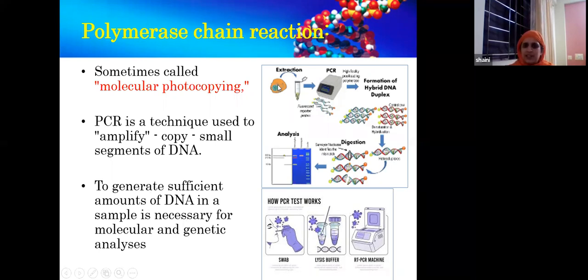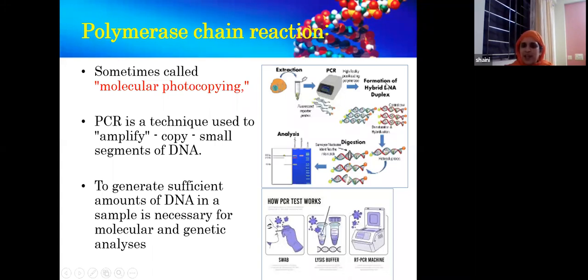Same procedure: you get the cell, you extract the DNA. Another thing is, PCR used to be cumbersome because a lot of steps had to be done manually. But now PCR is almost fully automated. Once the DNA is extracted along with the lysis buffer, you put it into the PCR machine.